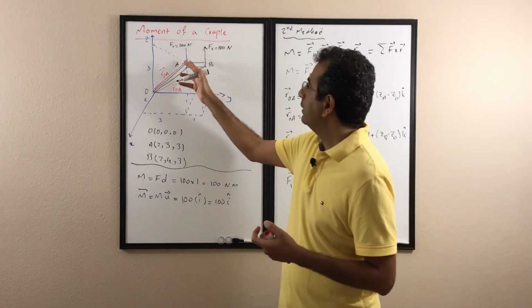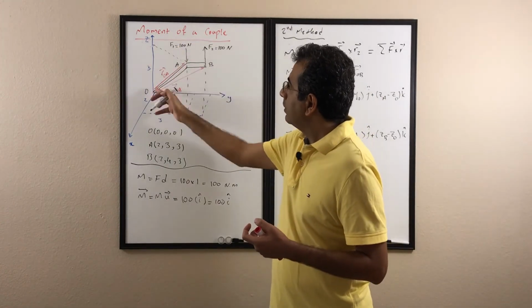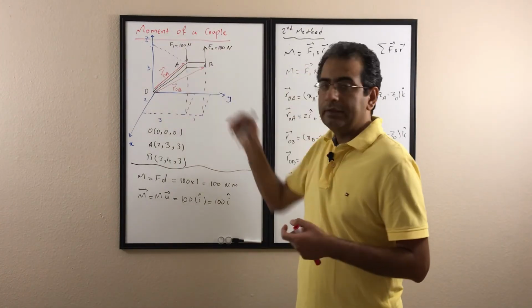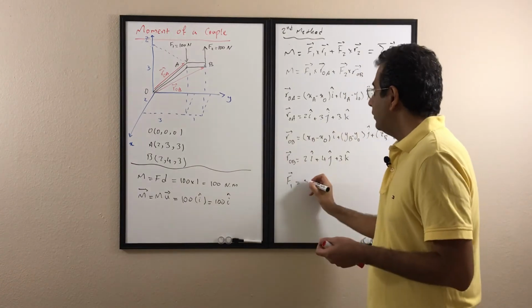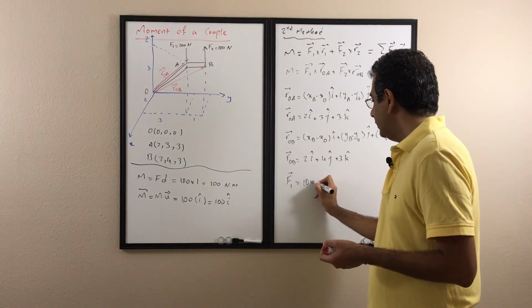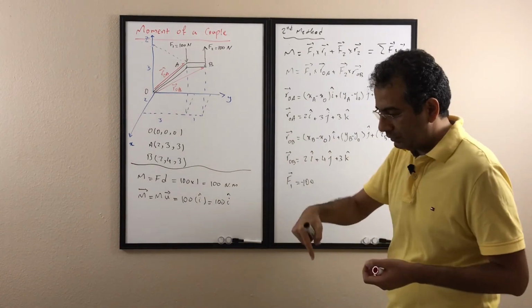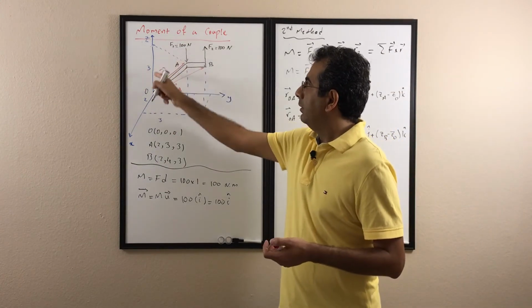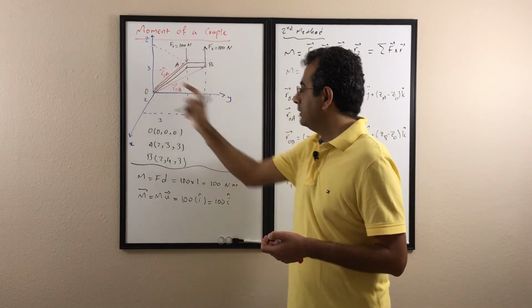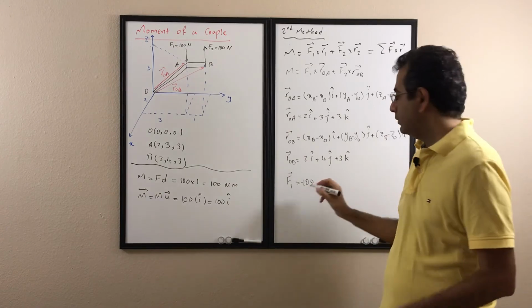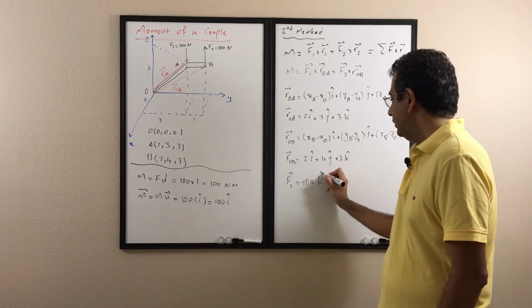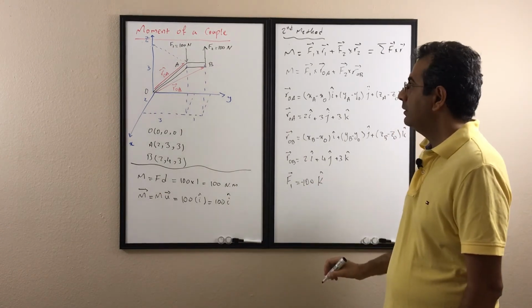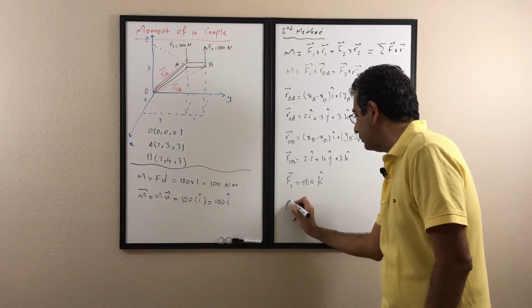For example, here F1 is parallel to the z-axis in a negative direction. So F1 has magnitude 100. It is negative because it's going against the z-axis, the opposite direction, and the unit vector for the z-axis is just k. So it's going to be minus 100k. The same thing for F2.